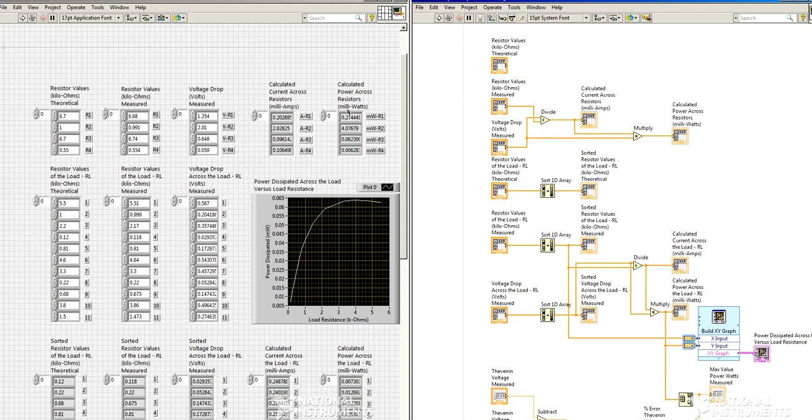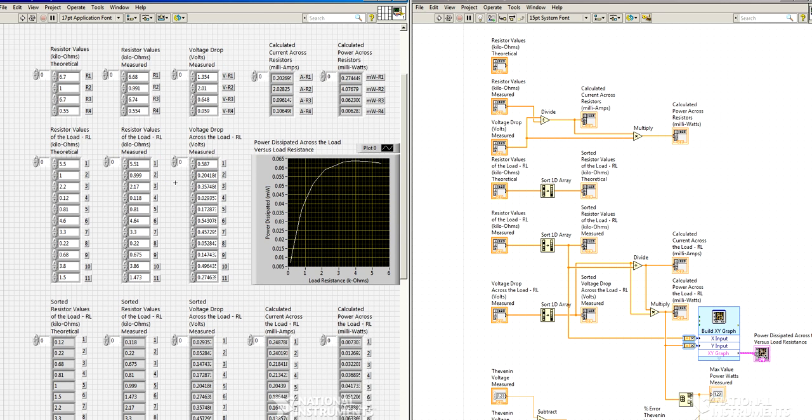The same is then repeated for each one of the load resistance values. You see the load resistance values in the front panel, the control indicators, with each one of the values entered that we measured. Here you see the theoretical values for each one of the resistors. You see the measured values for each one of the resistors I recorded, and the associated voltage drops that I measured.